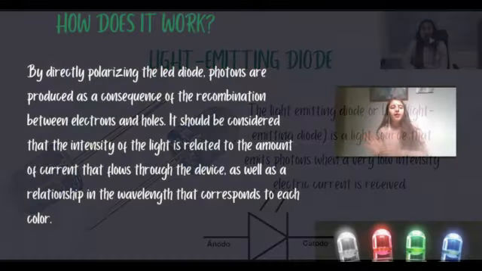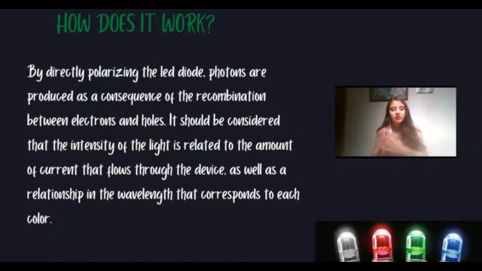How does it work? Current applied directly to the LED causes the production of photons as a result of recombination between electrons and holes. It should be considered that the intensity of the light is relative to the amount of current flowing through the device, as well as the wavelength that corresponds to each color.